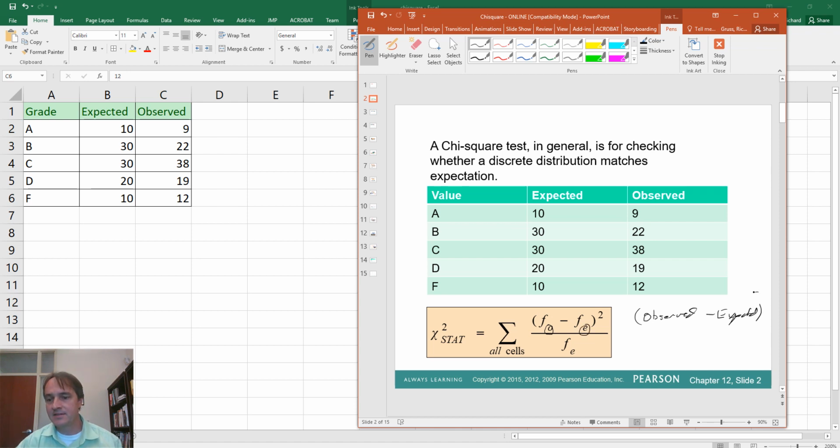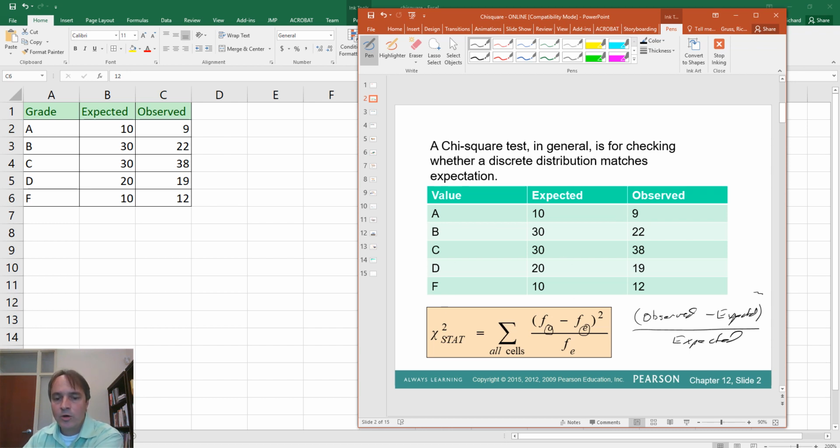And we're going to take that squared difference, and we're going to divide it by expected. Okay, so this O stands for observed, and this is expected. So we take the difference between this and this, square it, divide it by this, and then we add all these up.